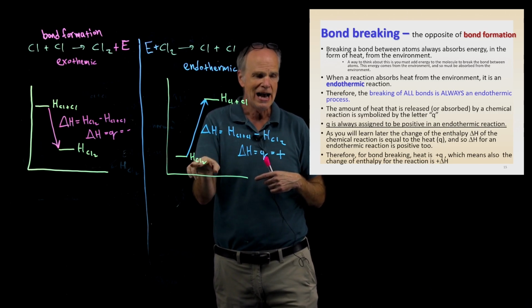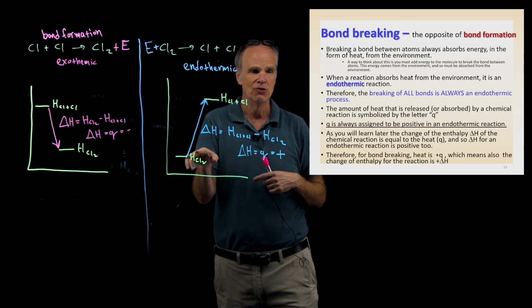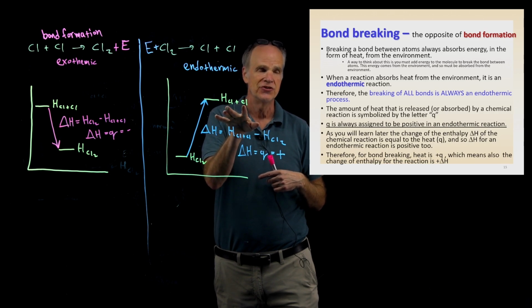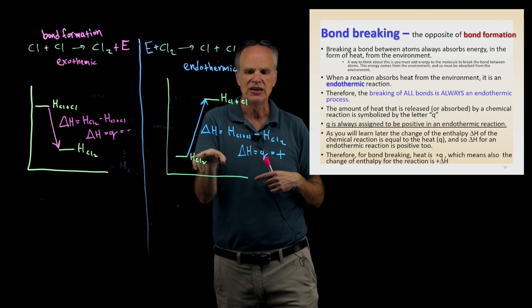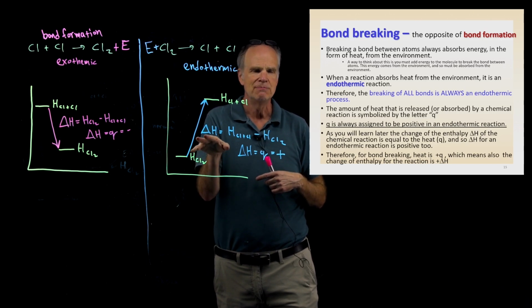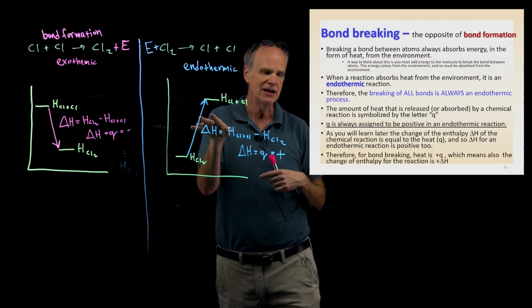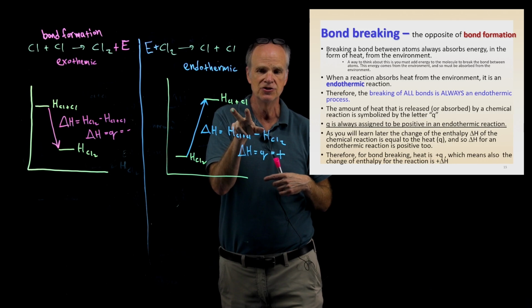So you have to add energy to this molecule in order for it to get the energy it needs to separate these atoms into free atoms. And so the way we tend to think about this is if you have a molecule, the bond must absorb energy to break up the molecule and give you the relatively high energy free atoms.